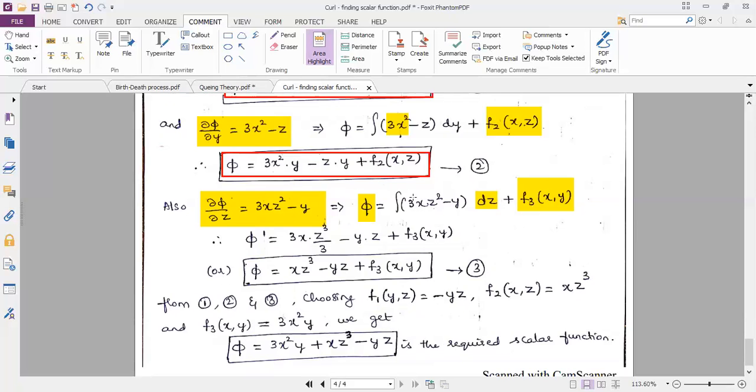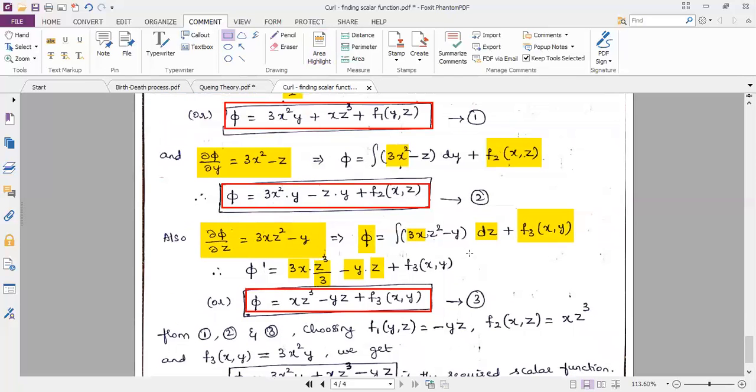With respect to z, in the integration of 3xz², 3x is a constant, writing as it is; integration of z² is z³/3. Minus y is a constant, writing as it is; integration of 1 dz is z, plus f3(x, y). So we obtained another expression for phi as xz³ − yz + f3(x, y). So these are the three different expressions for phi.